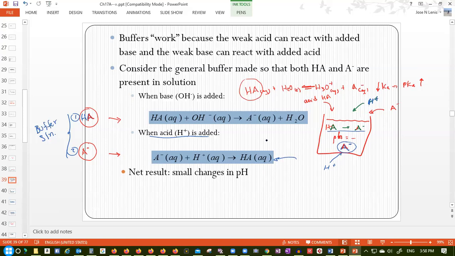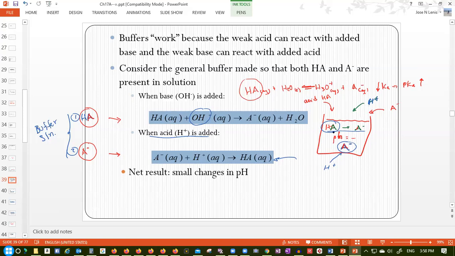So that's why you have the two components. One will help to save your solution from extra additions of OH minus, this one, the molecular acid. And the salt will help in case somebody adds acid.